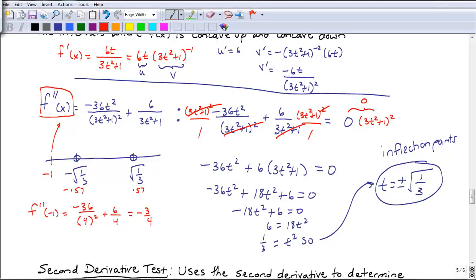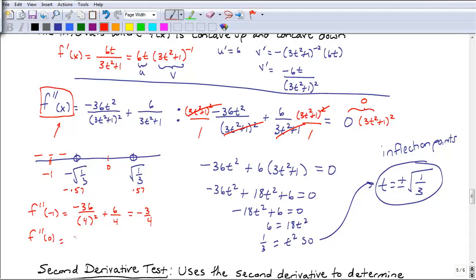So it's negative. I can pick 0 to plug in.